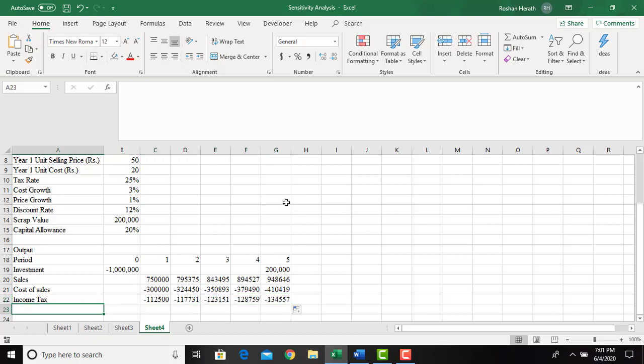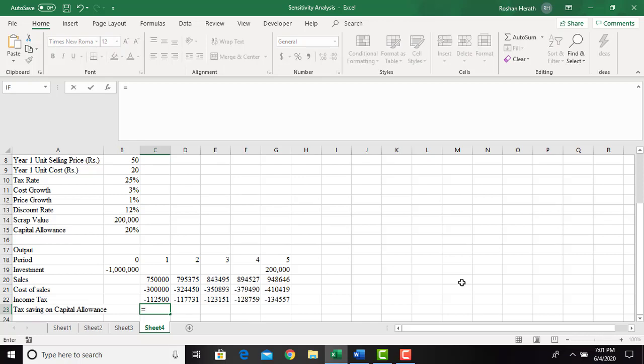Thereafter you have to take the tax saving on capital allowance. So you have the capital allowance, so you can take a tax saving on that. So what is the capital allowance per annum? That is 20%. So you may go to the initial investment.